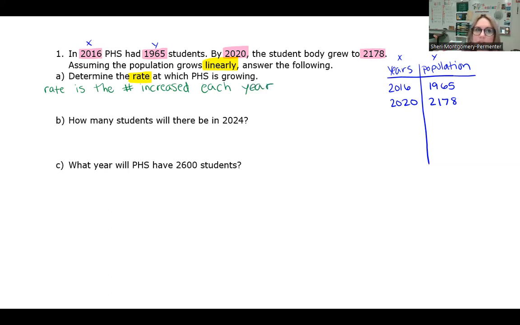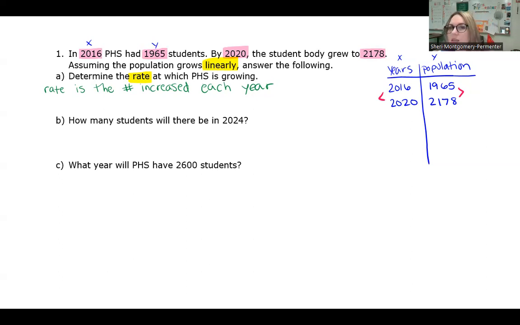We have to figure out the number it's increasing each year. To do that, we need to figure out the change in years and the change in population on each side.